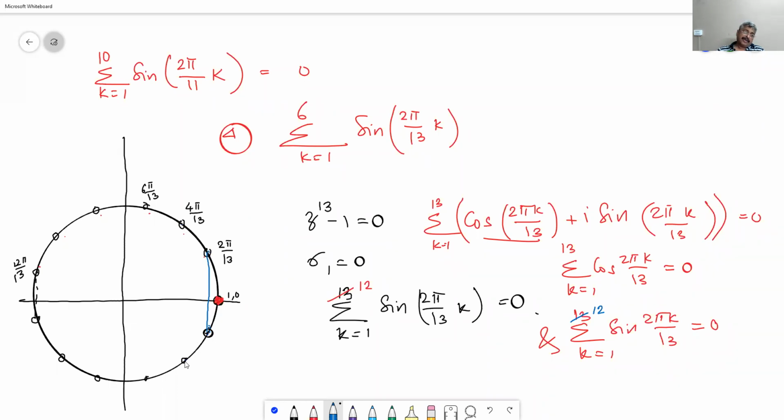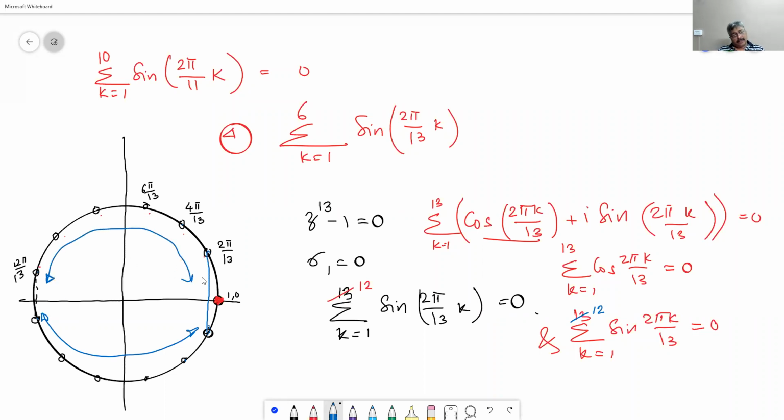Second, 11th conjugate of each other, therefore 6th and 7th conjugate of each other. So all these 12 guys add up to 0, and these are actually conjugates of these, right?